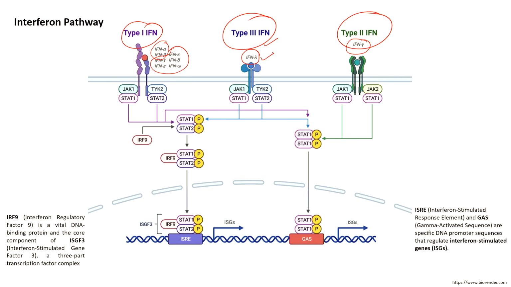Now we know that there are multiple interferons, and their pathways to stimulate the genes are also different. So let's see them one by one. Let's start with the type 1 interferon.